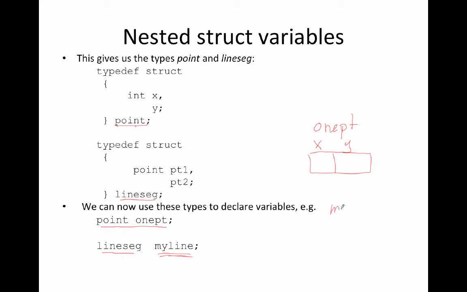So myline is of type lineseg, which has two members, pt1 and pt2. Each of those is a structure of the type point, so within each one I have x and y coordinates. So myline is now a nested structure. The variable myline has two members, pt1 and pt2. Each of those has members for the x and y coordinates. So once we have the types, we can use those to declare variables.